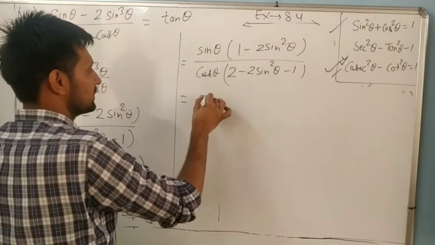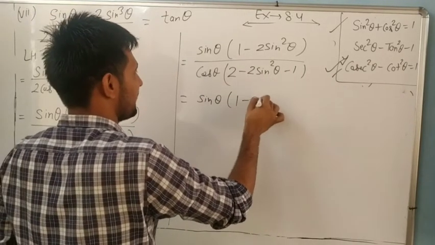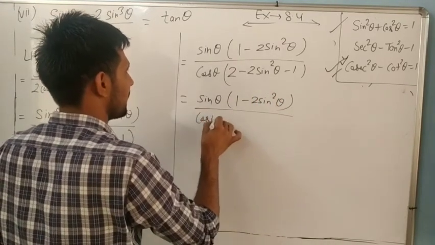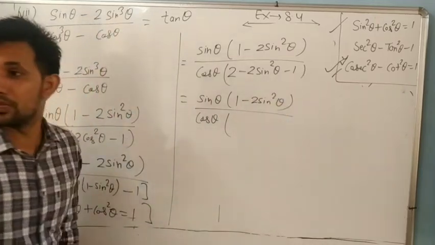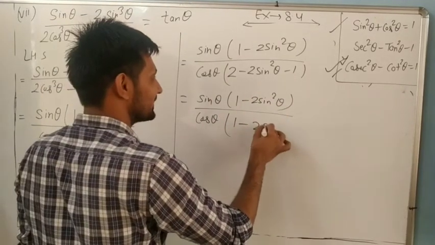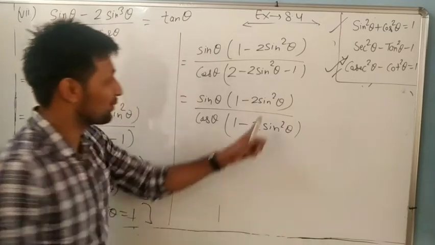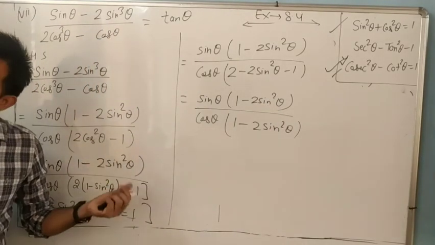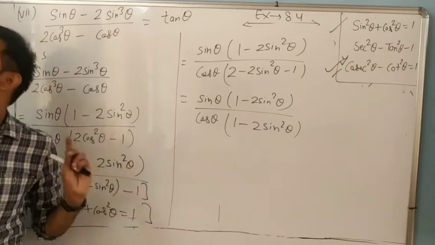Yes, sin theta into 1 minus 2 sin square theta upon cos theta. 2 minus 1, 1 minus 2. Yes, both have become the same or not? Yes, so you can convert in the numerator and also in the denominator.